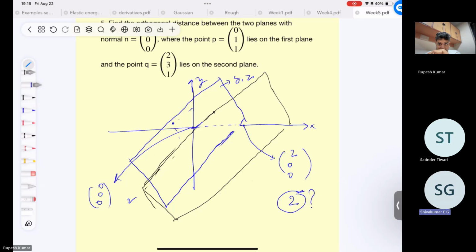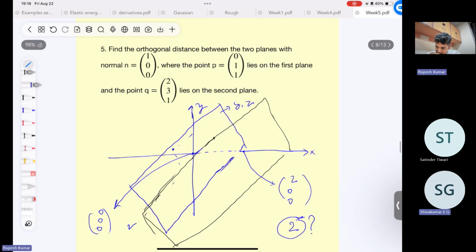Since P is 0, 1, 1 and Q is 2, 3, 1, the distance along the x-axis is 2 minus 0. So you are telling the distance between the planes is 2. Yeah, the thing is, there are two planes. They are passing through some 2 points, right? And I am saying both of them have the same normal.